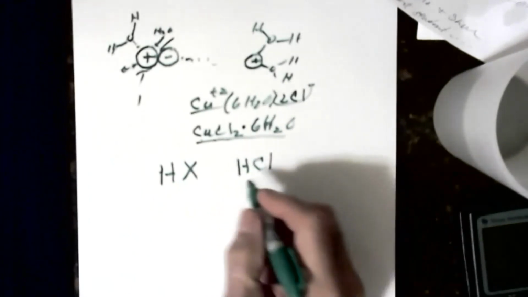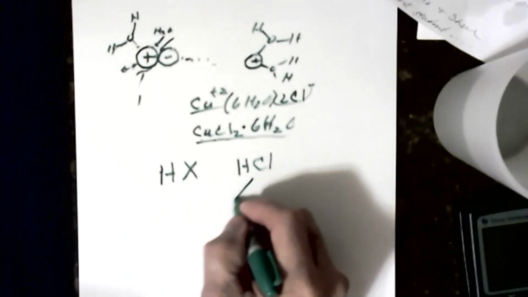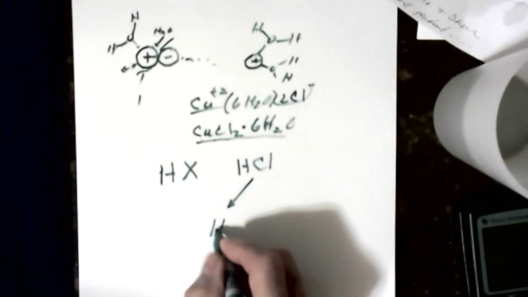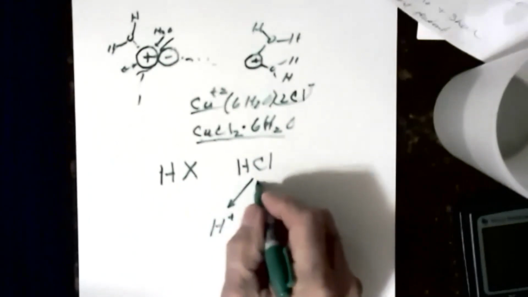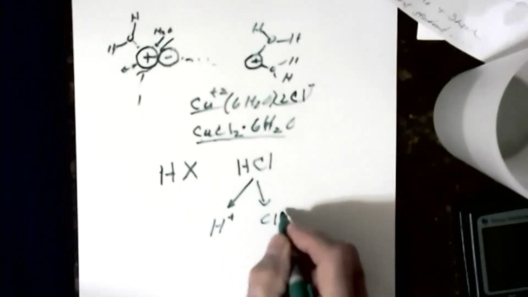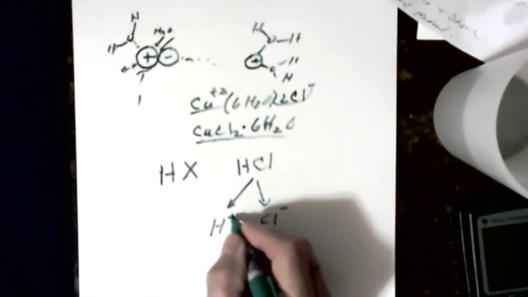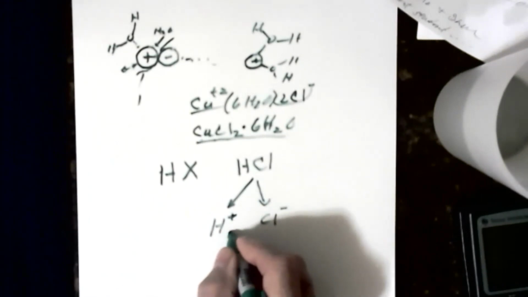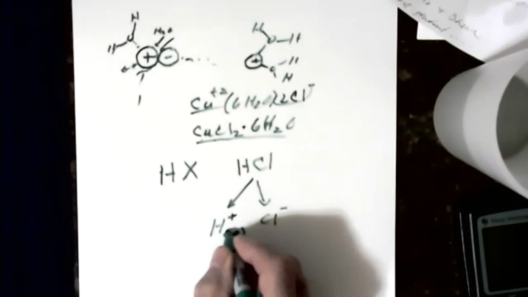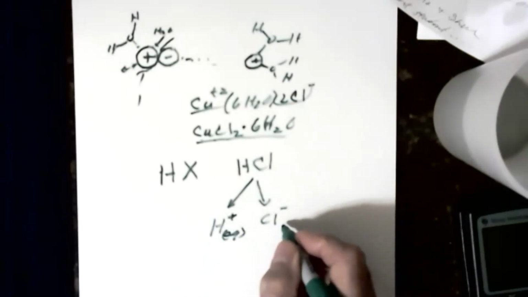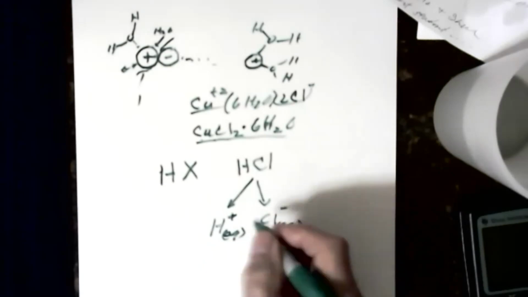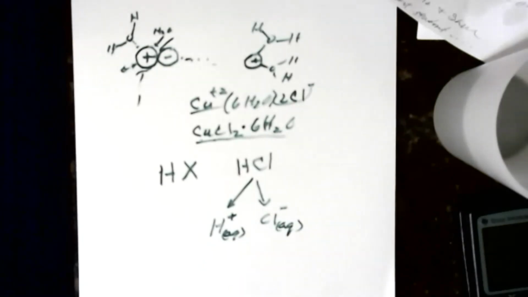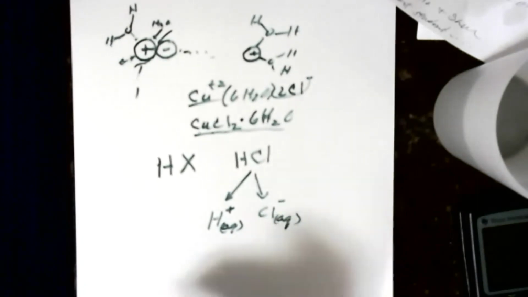Now, when you dissolve that acid into water, what you would get is an H+ ion and a Cl- ion. And to show that they're hydrated in the solution, I can put a little aq down here. That's what that aqueous means, actually, is the ion is aquated, or if it's not water, we'd call it solvated, but it's going to dissolve in water.